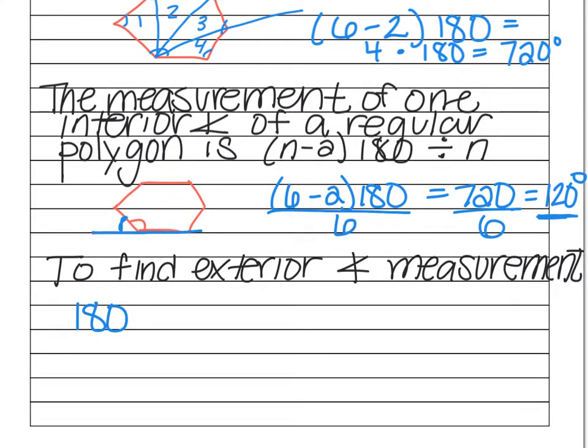So if I take 180 and I subtract my interior measurement of 120, which again was this guy right here, I then can find what that blue angle measurement is, the exterior angle measurement, which is 60 degrees. So our exterior angle measurement is 60 degrees.